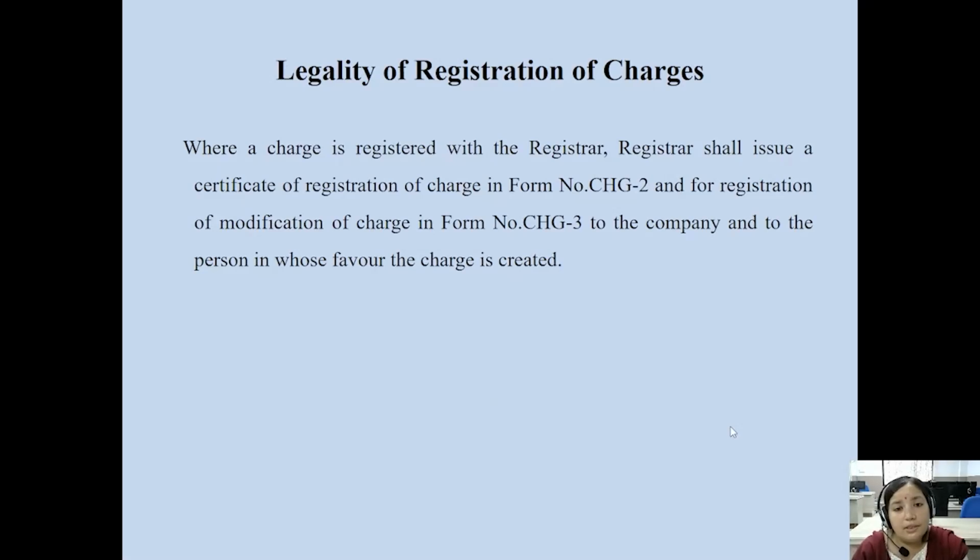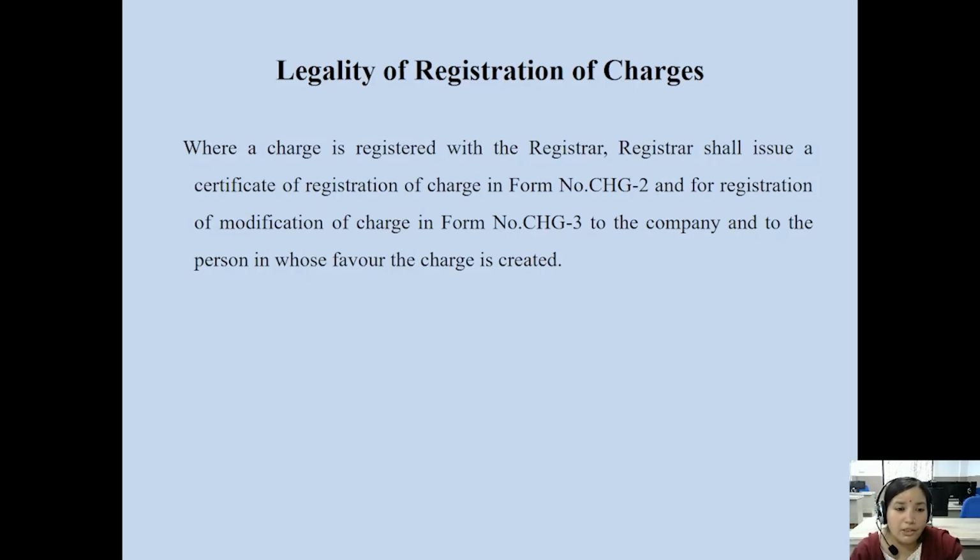Then come to the legality of registration of charges, the legal procedures, legal validity, you can say conformity, of registration of charges. The charge is registered with the registrar.